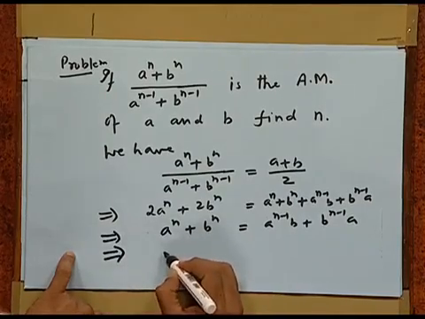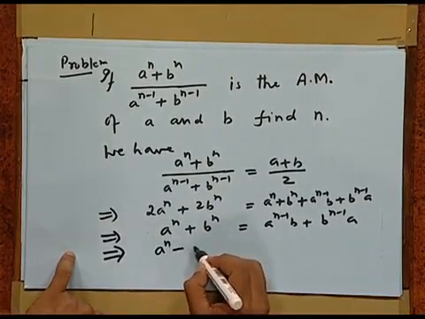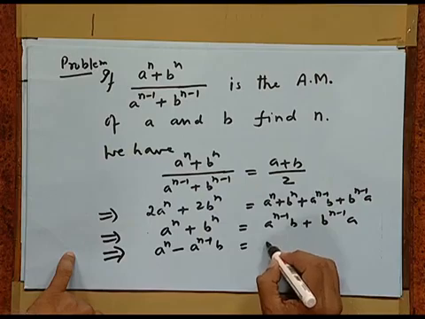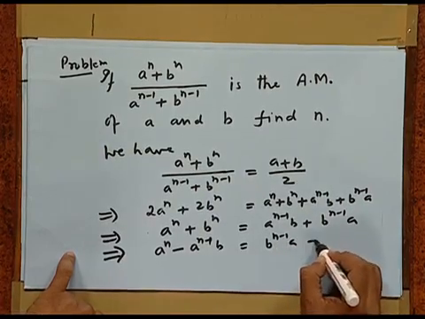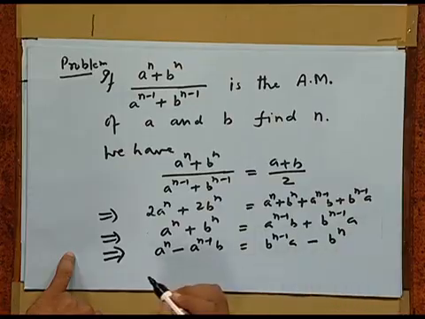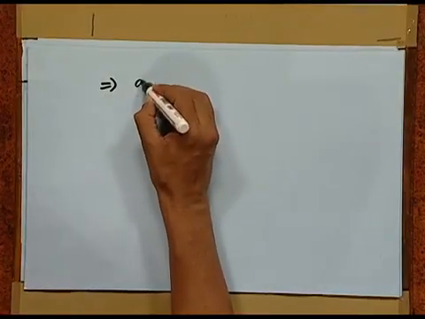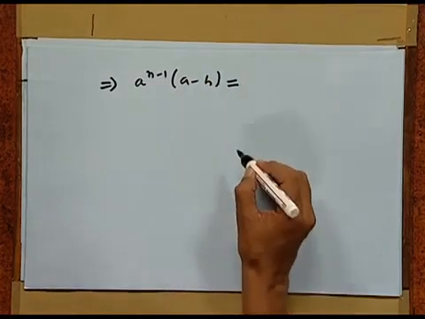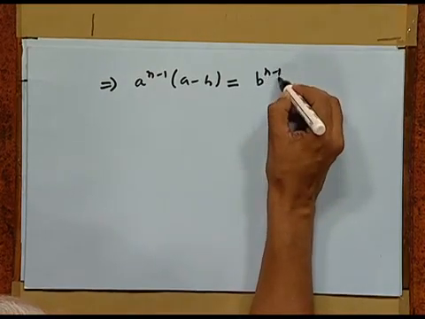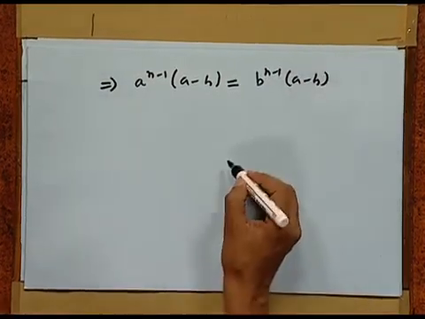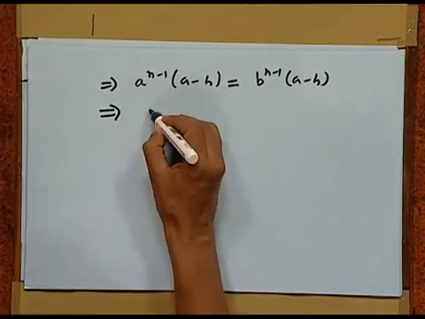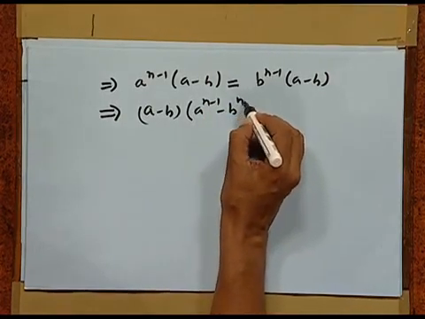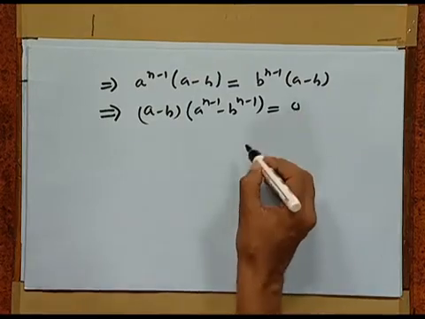This implies A^n minus A^(n-1)B is equal to B^(n-1)A minus B^n. That implies A^(n-1) times (A minus B) is equal to B^(n-1) times (A minus B). That implies (A minus B) times (A^(n-1) minus B^(n-1)) equal to 0.